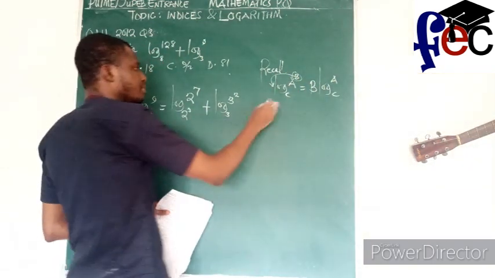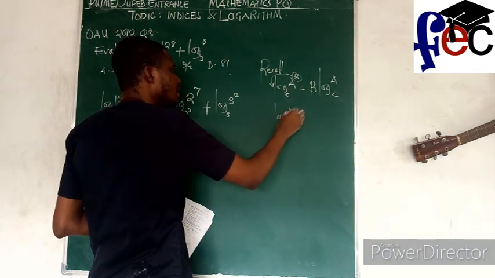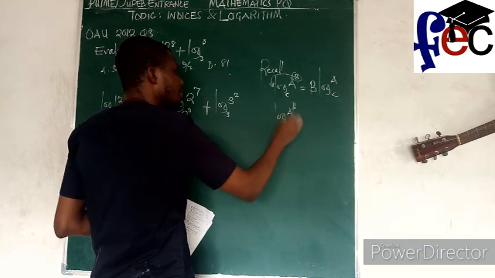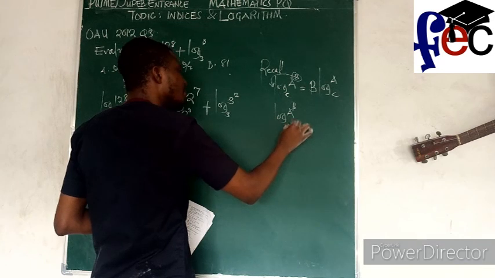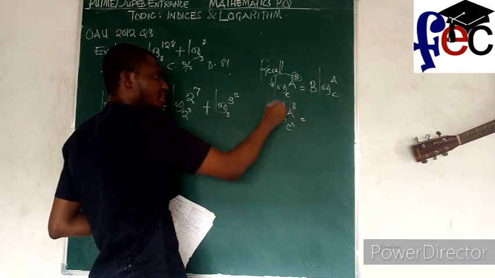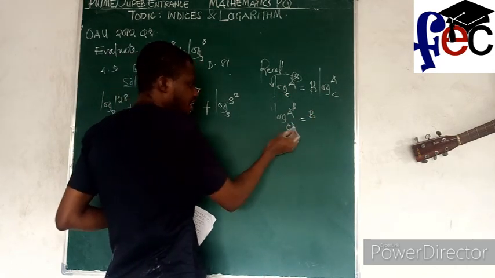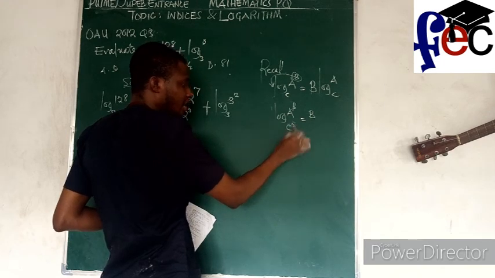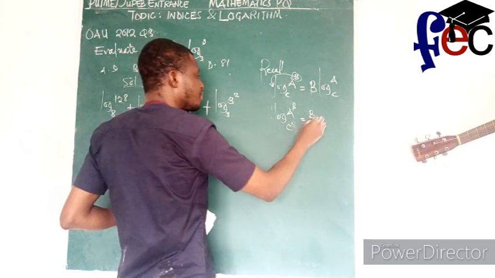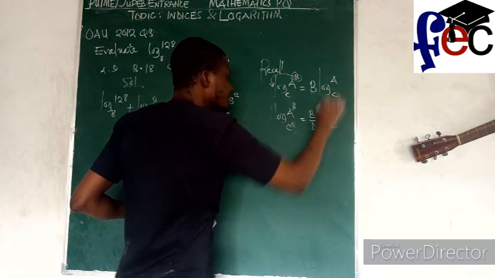But if it were to be both numerator and denominator, for example, log a raised to power b base c raised to power d, what would happen? It will be the same thing. This b becomes a coefficient here, and this power here, the index here, also comes to this side and becomes a divisor, so that you have b over d, then you have log a base c.